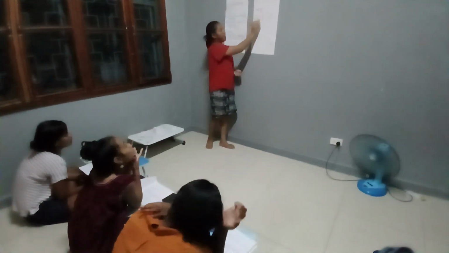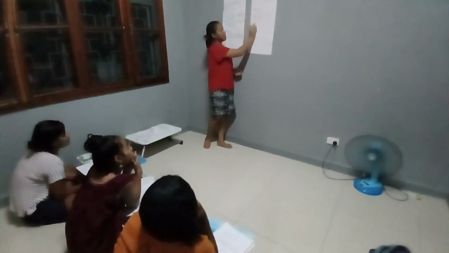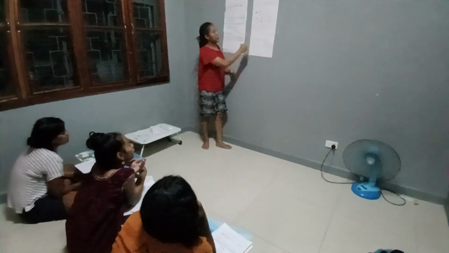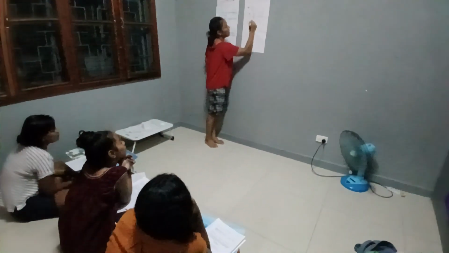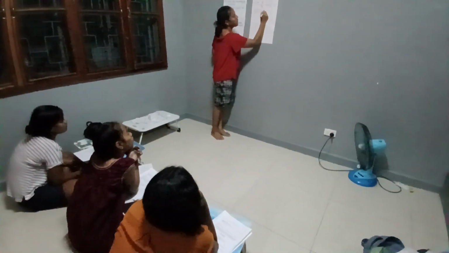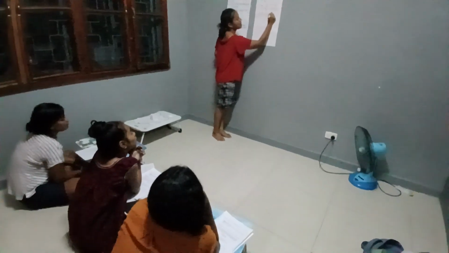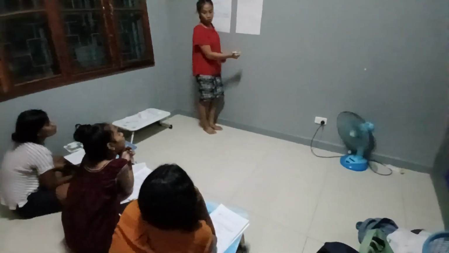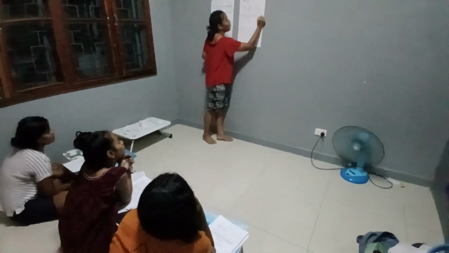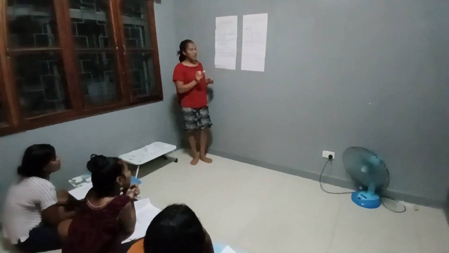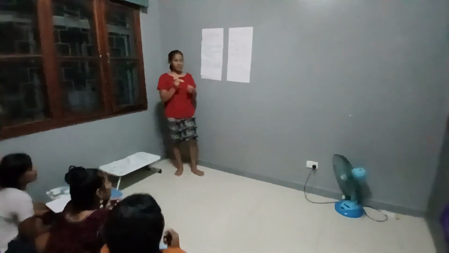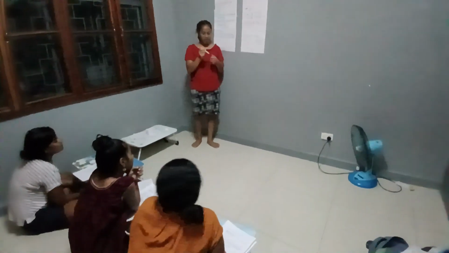The probability of head is half and the probability of tail is half, and half plus half is equal to 1. So keep in mind that the sum of probabilities in an experiment is always equal to 1.